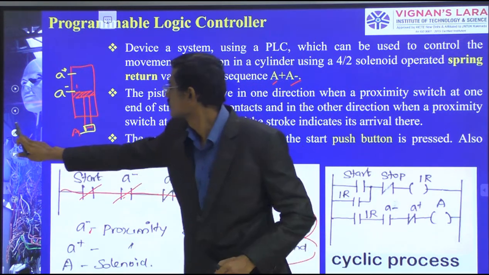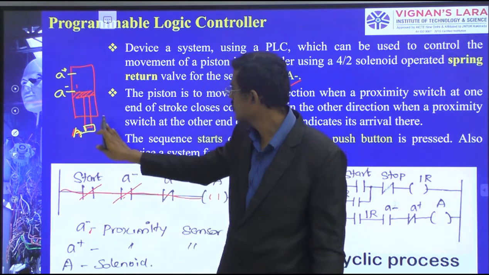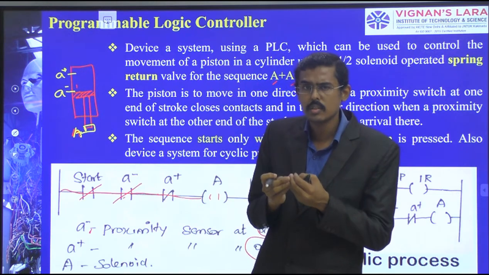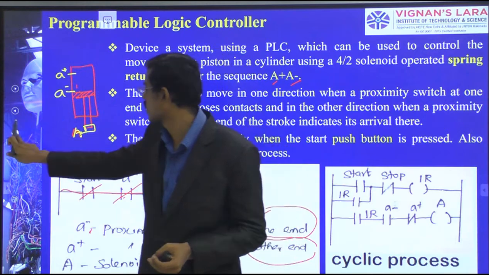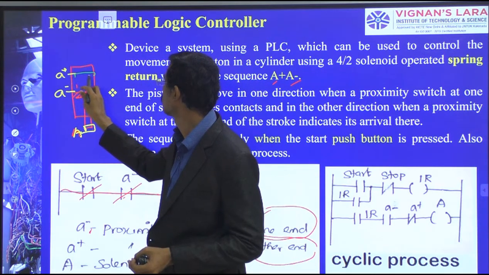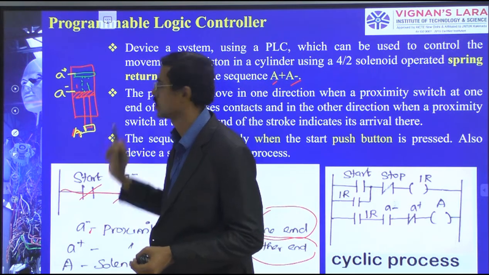This is A. The solenoid is activated and the piston is moving. When should it stop? The piston is moving and it is going to reach this position now. The second position, from here to here, is the moved position.